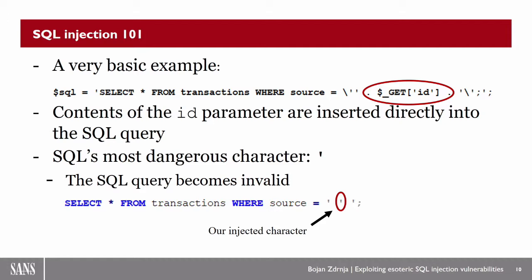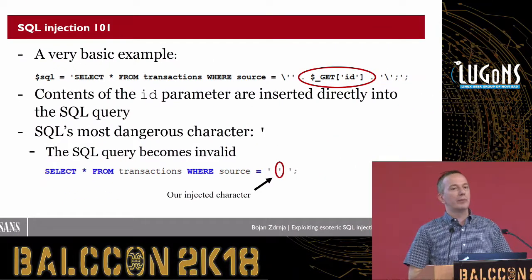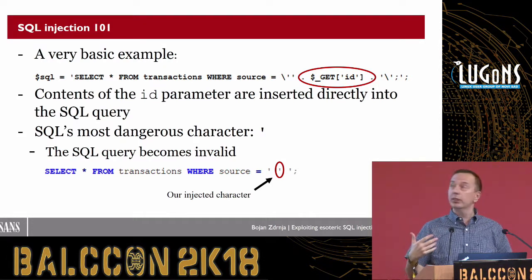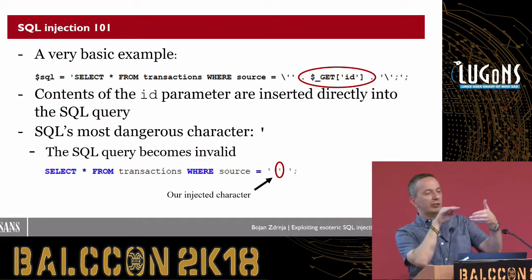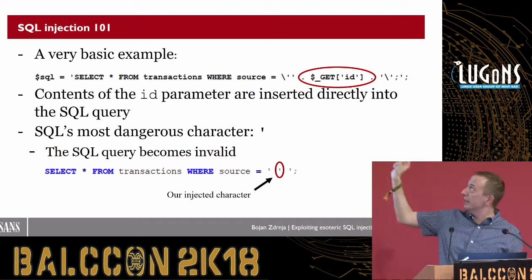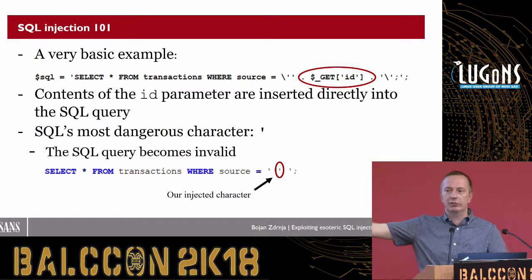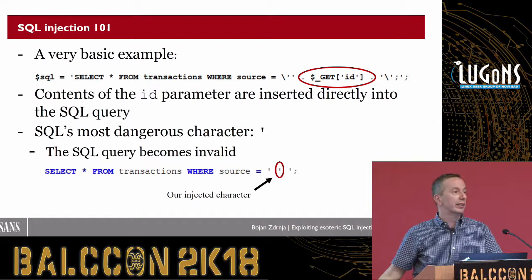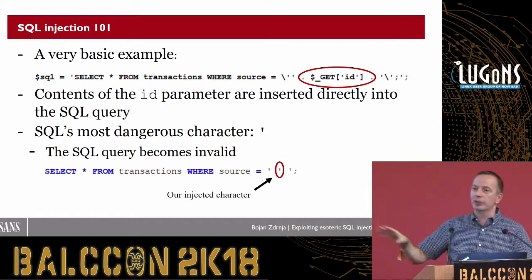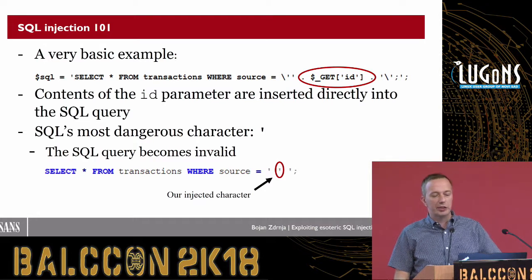And this ID value he's actually receiving from the user, from the web application. When you click on something, the value of the ID parameter is sent to the web server and then subsequently passed all the way to the SQL database. I hope this makes sense even if you're not familiar with SQL.